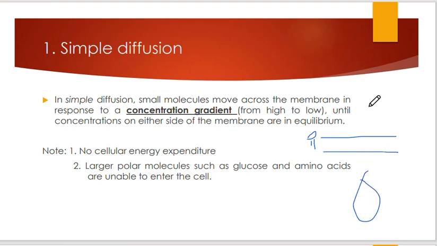So simple diffusion is where the molecules can move across the membrane in response to their concentration. Okay, so when both sides, this part here as well as the inner part of the cell, are in equilibrium or balance, the concentration of the molecules, then that is where the transportation of your nutrients stops.